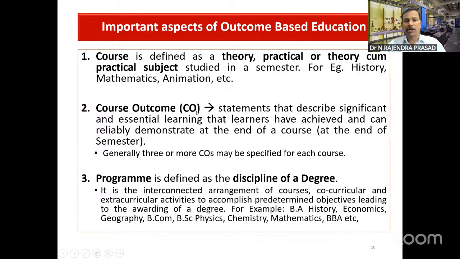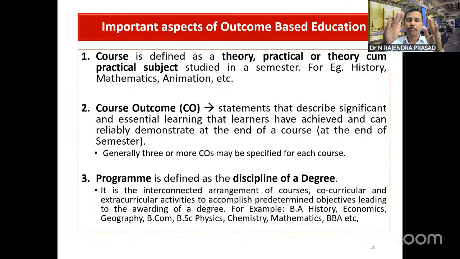Then the course outcome, that is simply represented as CO. What is a course outcome? A course outcome is a statement. What kind of statement is it? Say, a student has passed history, a student has passed the animation course. After passing the animation course, what is he really capable of?